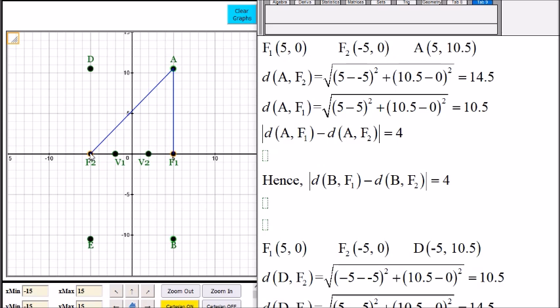So the distance from here to here is 14.5, and the distance from A to point F1 is 10.5. So the difference will be 4.